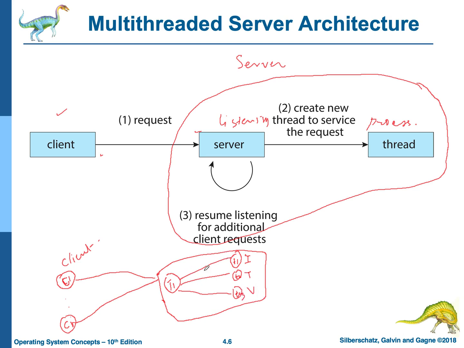So the listening thread is all the time listening to incoming requests, and once it receives a request, it creates a new thread and allocates the server's resources for that process, and a response is sent back to the client for that thread.